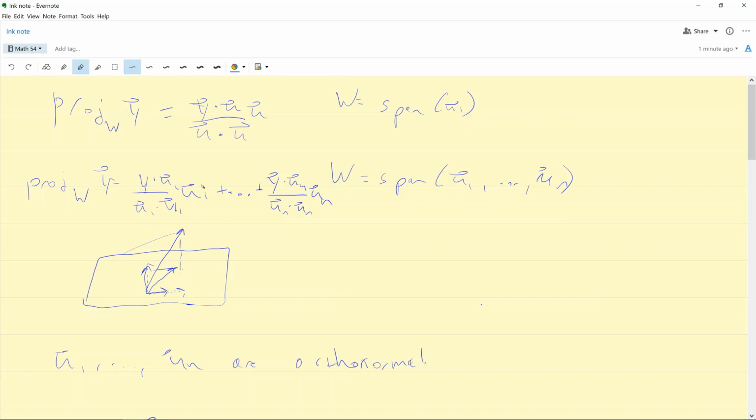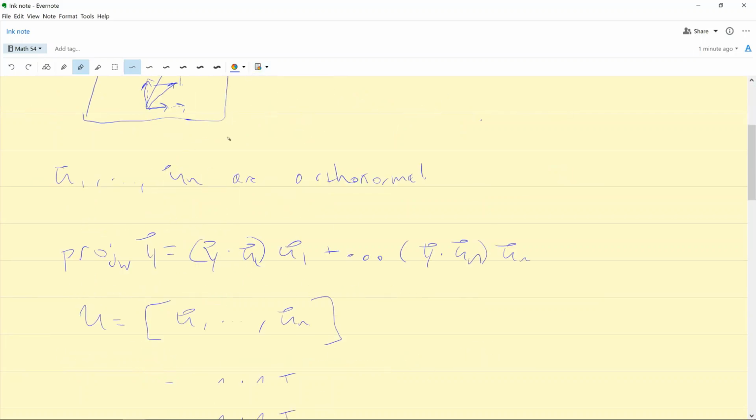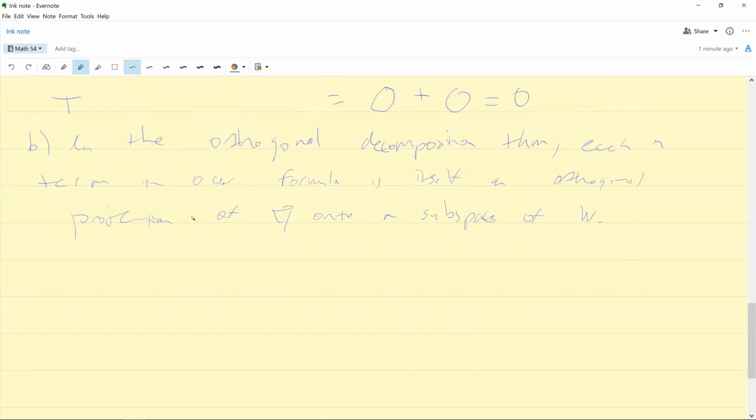So like I said, what we're doing here is we're summing up all these projections onto individual lines, right? So if we have this basis for our subspace W, W equals span of U1 dot dot dot UN, then each term of Y hat is the projection of Y onto this span of this singular vector here, onto this line.